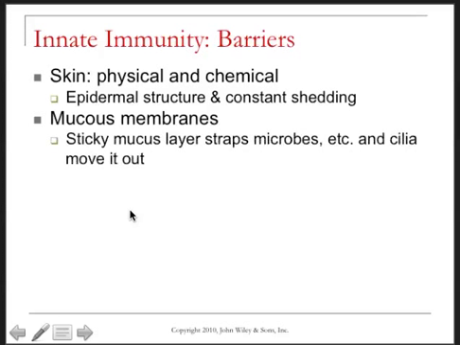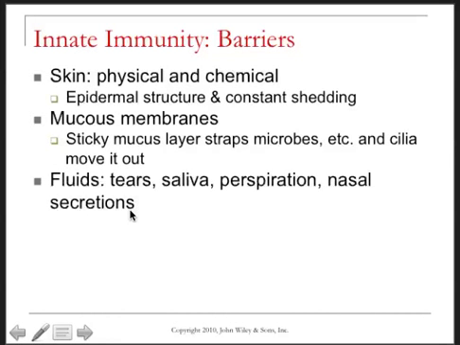The mucous membranes have a sticky mucus layer that traps microbes and other pathogens, and the cilia that move it up and out. Basically, remember the mucociliary escalator, which is located in the upper respiratory tract, constantly beats mucus that traps these pathogens towards the oral cavity, where they can either be spit out or swallowed. And once they're in the GI tract, the digestive enzymes and also the immune cells that line the small and large intestine, the Peyer's patches, will take care of it.